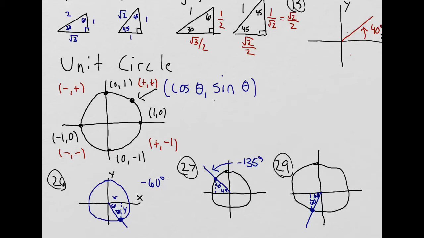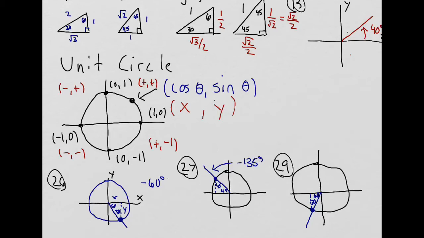And the special thing about the unit circle is that every point on this circle can be turned into the trig values of cosine and sine. In particular, the x value is cosine, the y value is always going to be sine.